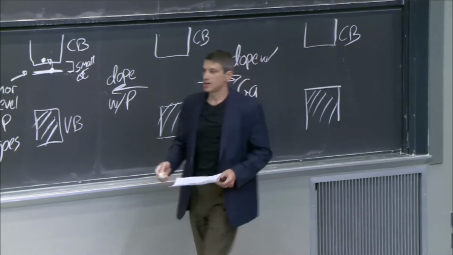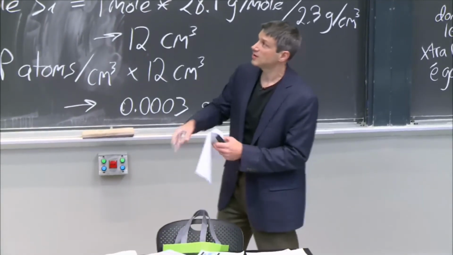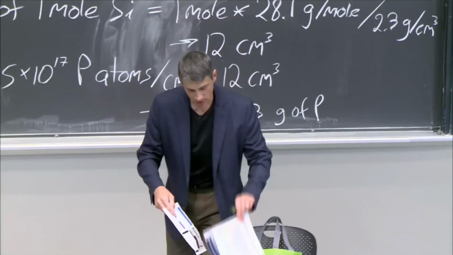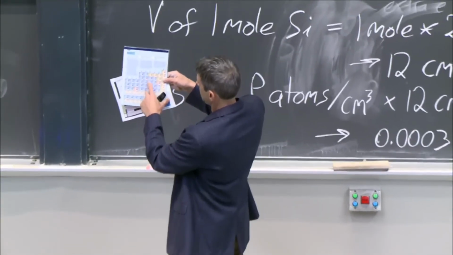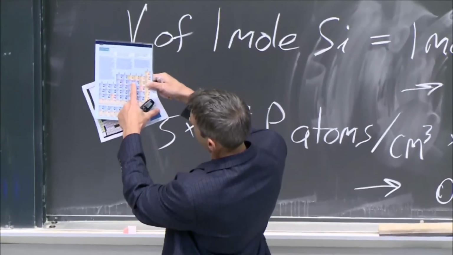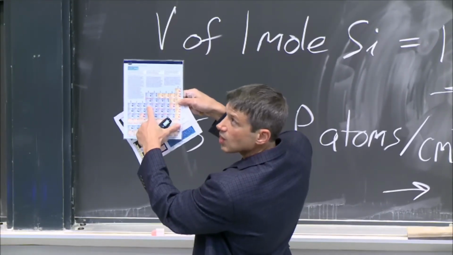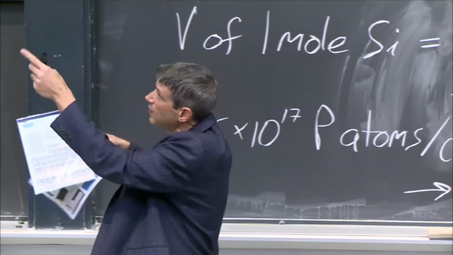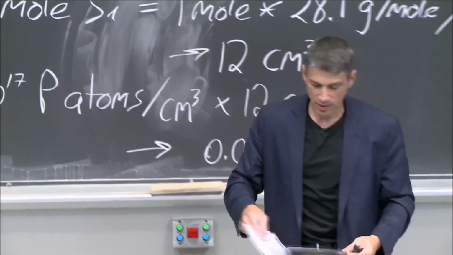Where's silicon? Phosphorus is over there, group 15. Silicon is group 14. Gallium is group 13. One fewer electron, but it really wants to make those 4 bonds. The material isn't happy if you break one.